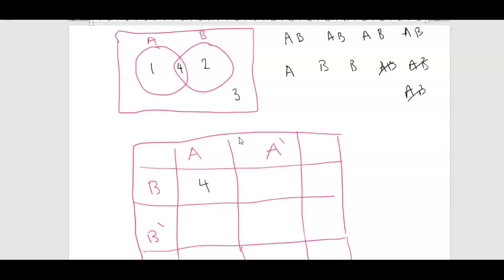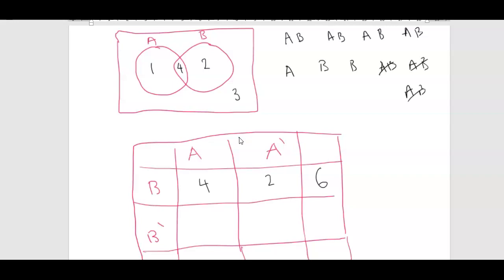This spot here is represented by not A, but they like B. So they like bananas, but they don't like apples. So that's that 2. And in total, there's 6 people who like bananas. So if you read that row, 6 people who like bananas. And they're represented by 4 people who like both apples and bananas and 2 people who just like bananas.